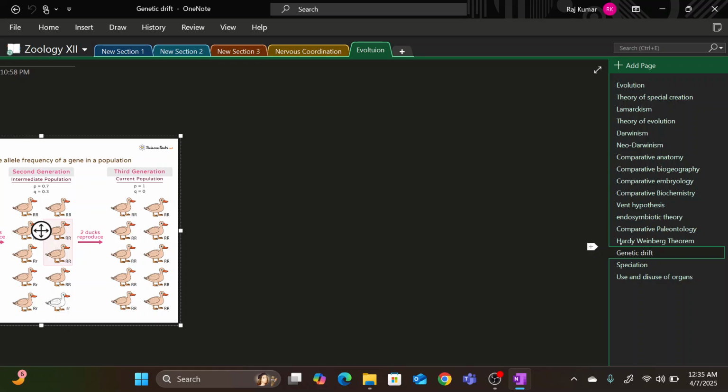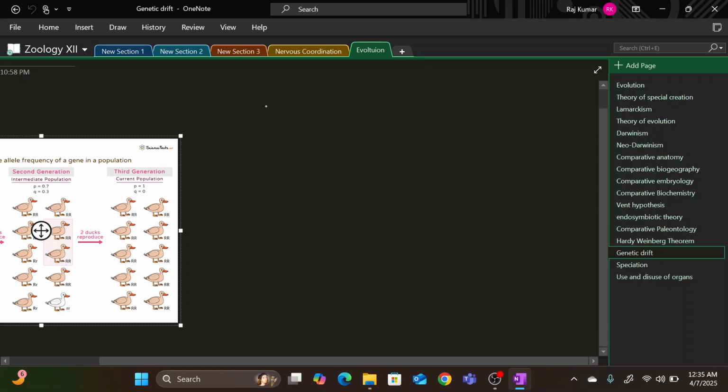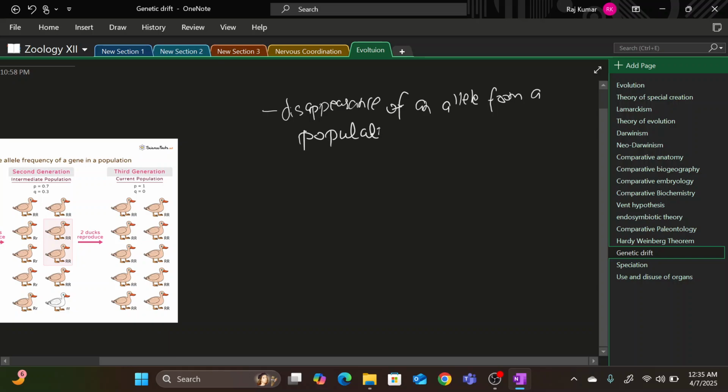Genetic drift, in simple words, is the disappearance of an allele from a population. For example, let's say there are 10 ducks.